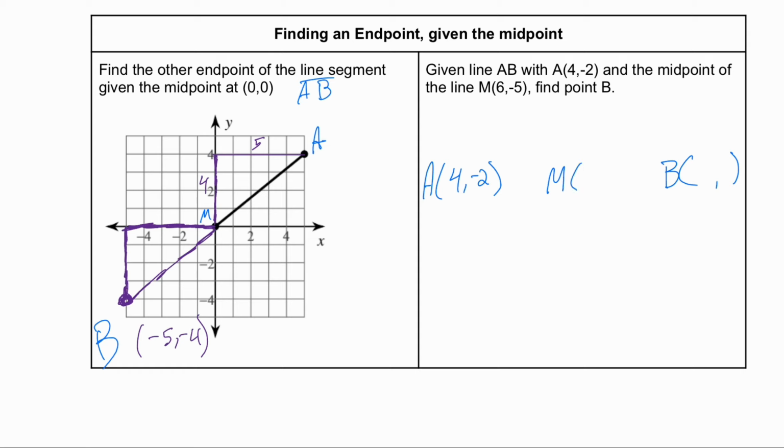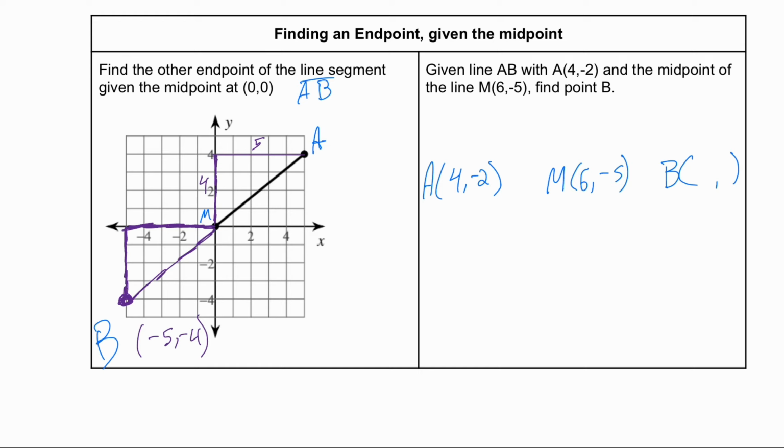Lucky for us, we do know what the midpoint is, 6, -5. So the midpoint is the same distance away from A as it is from B, but the idea is it's got X and Y distance, so we have to account for both.